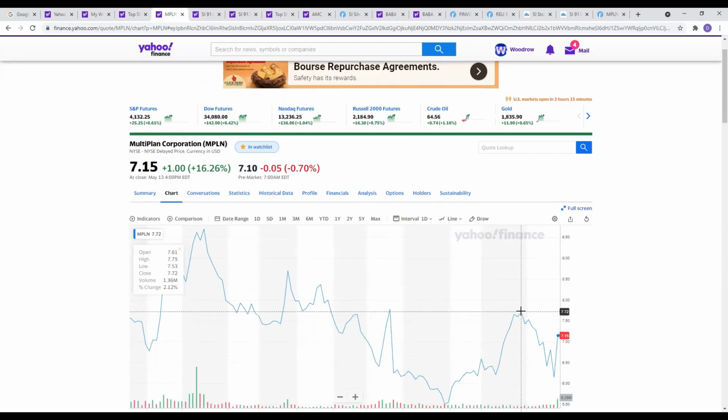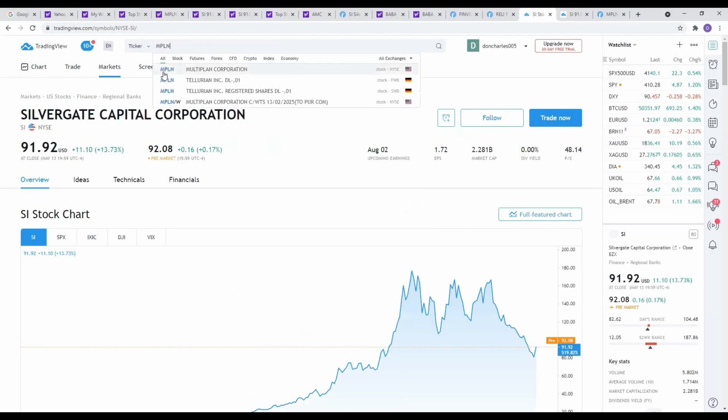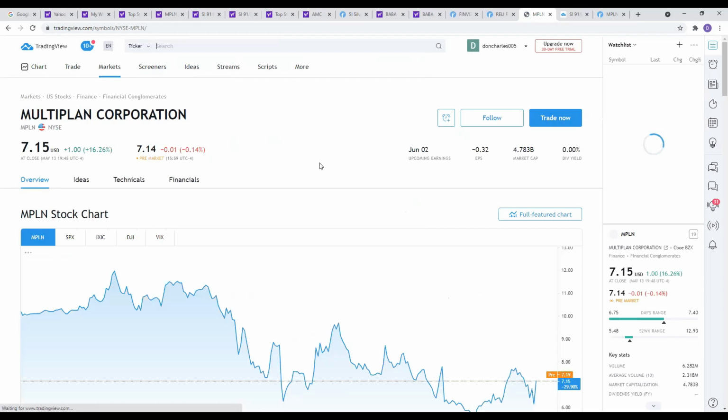We have a resistance here at roughly $4.72, and a support here at $6.15. Let's look for an entry point. To find the charts, we go to TradingView, MPLN. Click full featured chart.